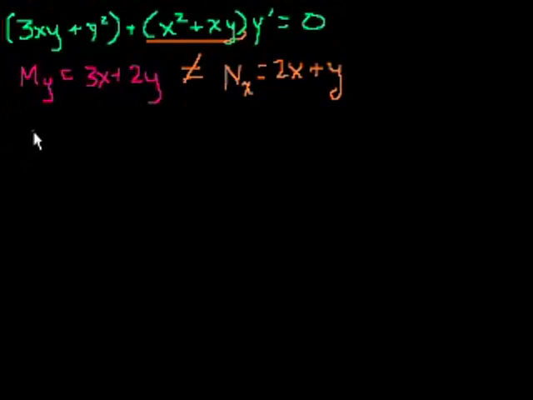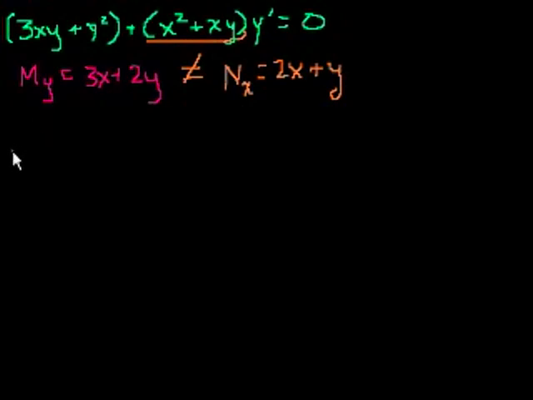Just as a simplification, mu could be a function of x and y, it could be a function of just x, or a function of just y. I'll assume it's just a function of x. You could assume it's just a function of y and try to solve it. Or you could assume it's a function of x and y. If you assume it's a function of x and y, it becomes a lot harder to solve for, but that doesn't mean that there isn't one.